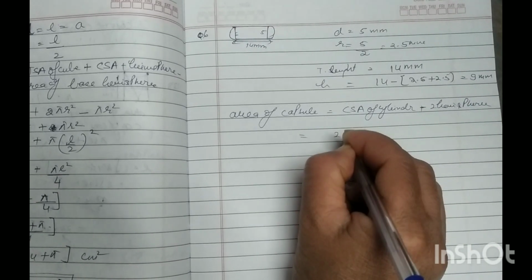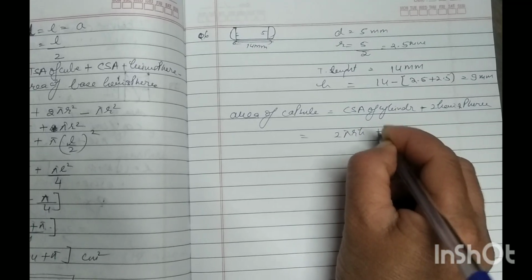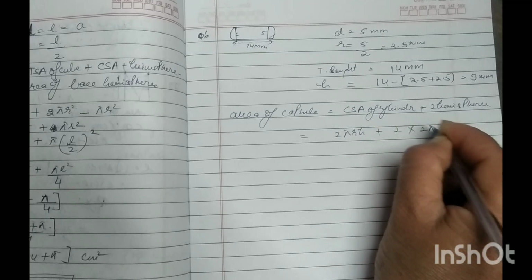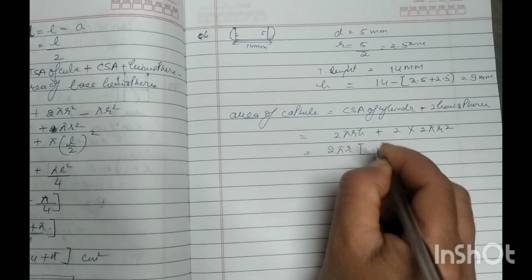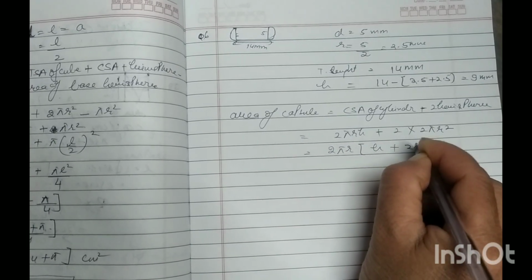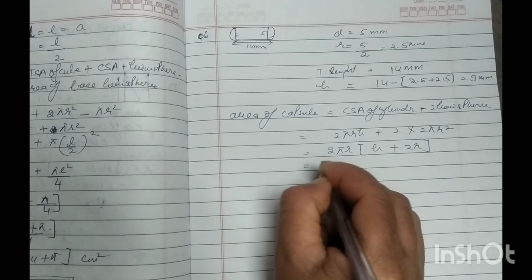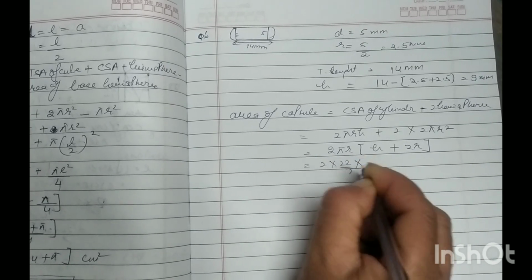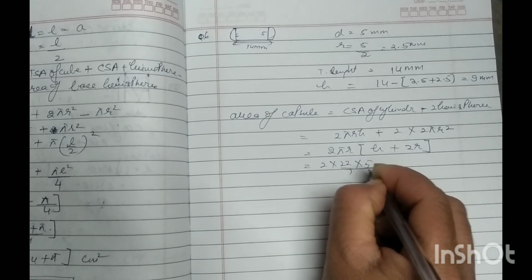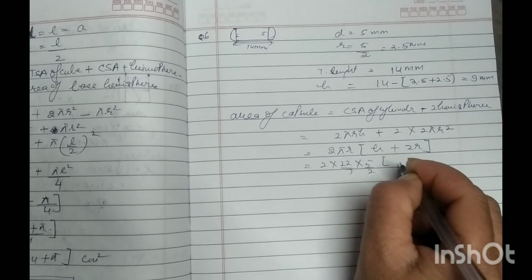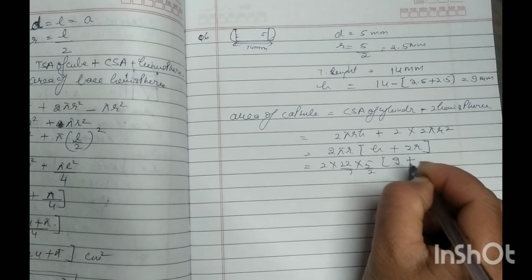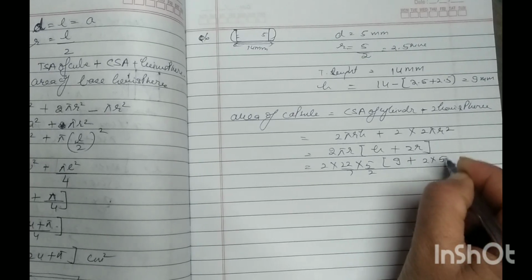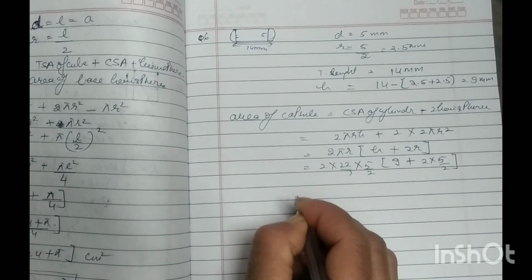Curved surface area is 2 pi r h plus 2 into 2 pi r square. 2 pi r is common, h plus 2r. So 2 into 22 upon 7, r equals 5 by 2, h is 9 plus 2 into r, where r equals 5 by 2.